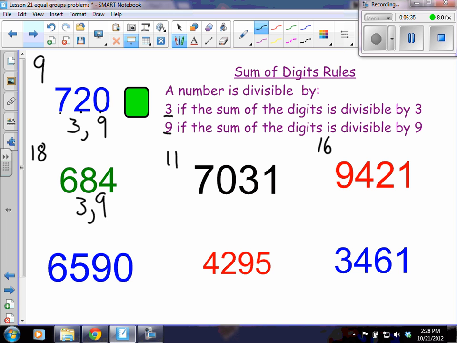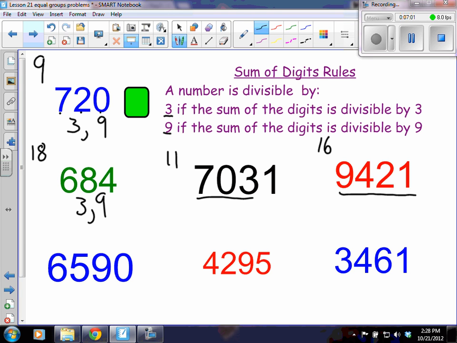No. And so looking at our first row of numbers, we can see that our first number is the only one that is divisible by 3 and 9. And these two numbers, neither are divisible by 3 or 9. But we can use these rules to help us quicken the pace of how we do our division.